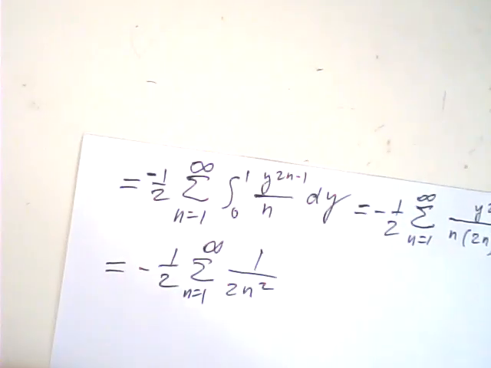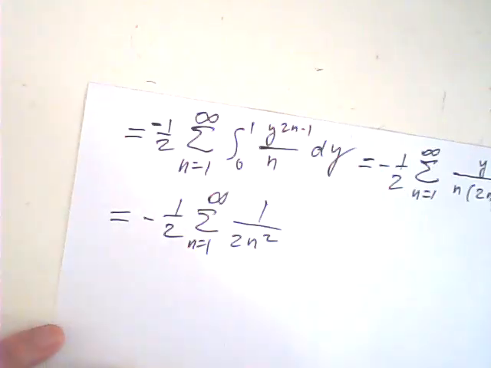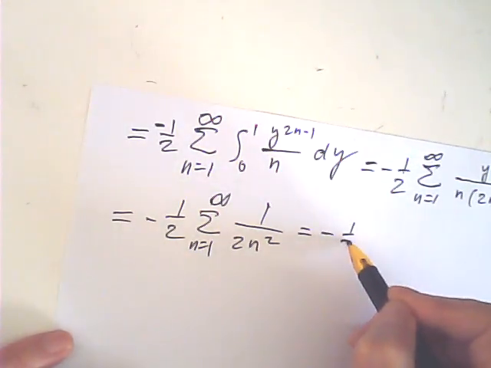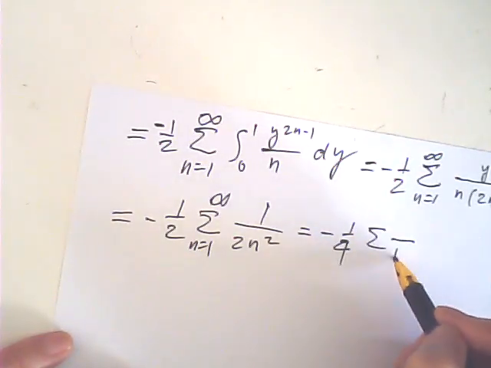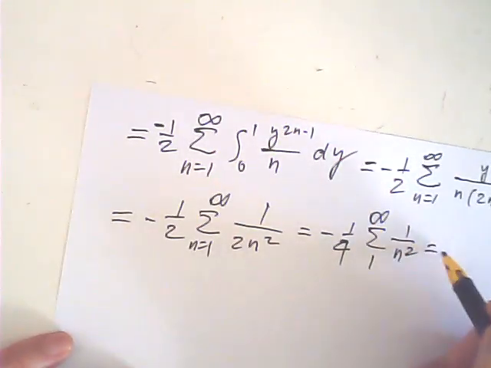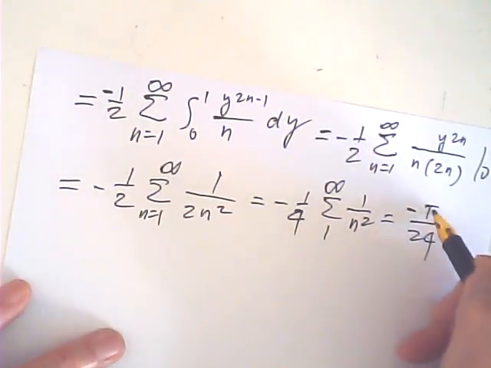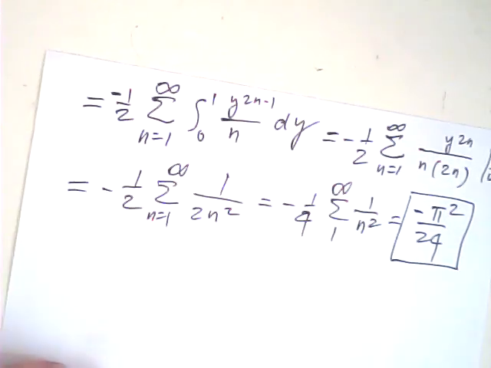So this one is equal to negative half, negative quarter times the sum from 1 to infinity of 1 over n squared. So this is the Basel problem, right? Pi squared over 24. Okay, that is my f of 0.